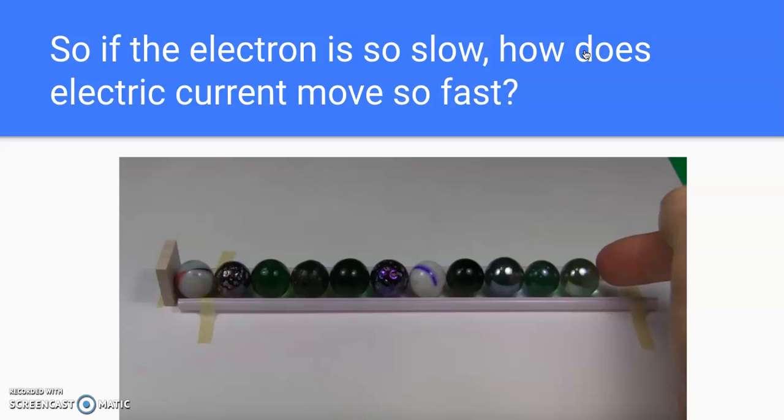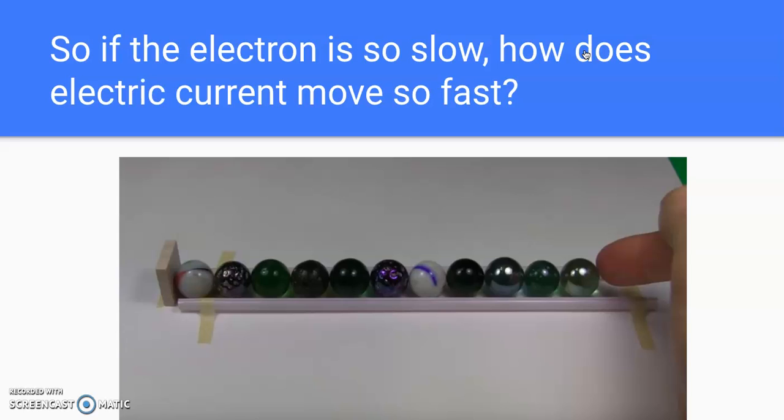We see here a series of collisions between the marbles, and this is a perfect example of how free charge electrons move in electric current. We can imagine that each of these marbles is a free charge electron. The electrons, because of drift velocity, are moving very slowly.